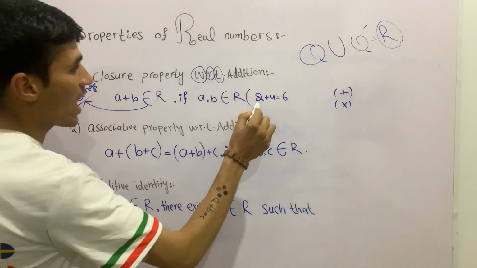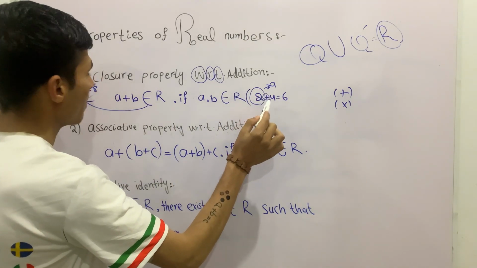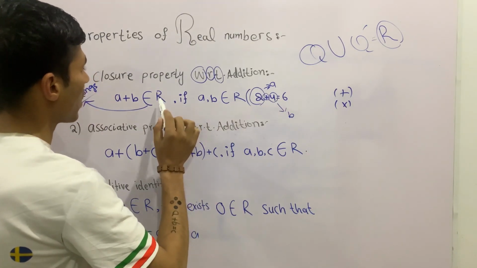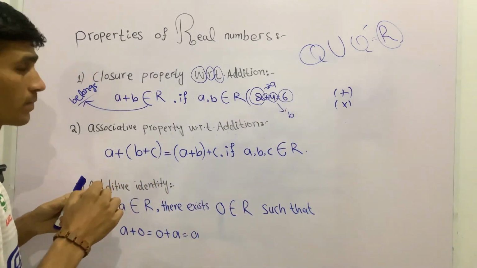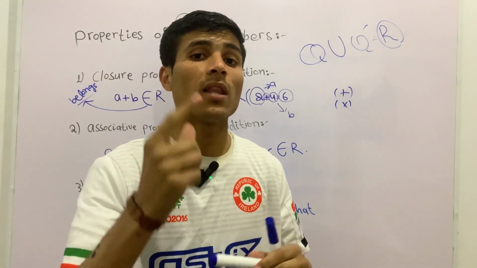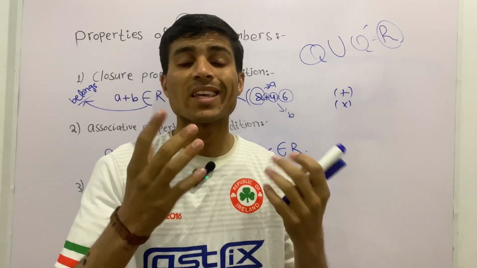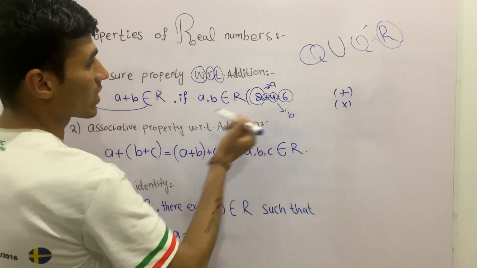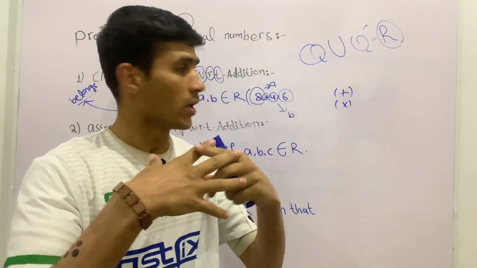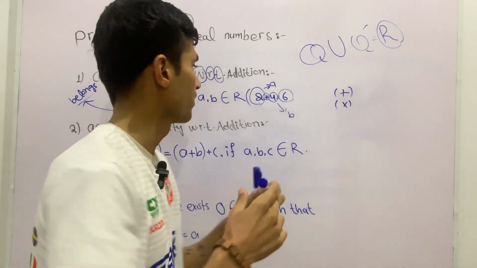So we have 2 here as A, plus is our symbol for addition, and this is B, and the result belongs to R if A and B belong to R. If we have two real numbers, the sum of those two real numbers is again a real number. 2 is a real number, 4 is a real number. Whenever we bring these two numbers together, it gives us a number which is again a real number.